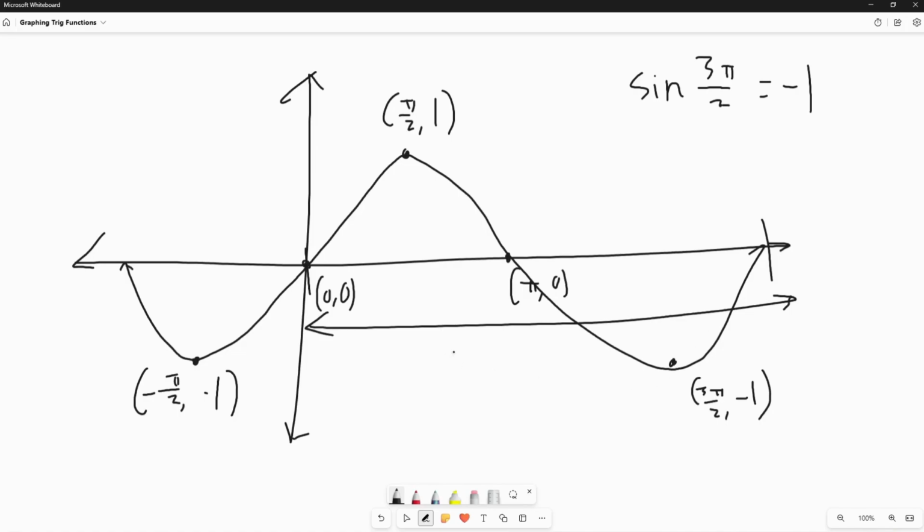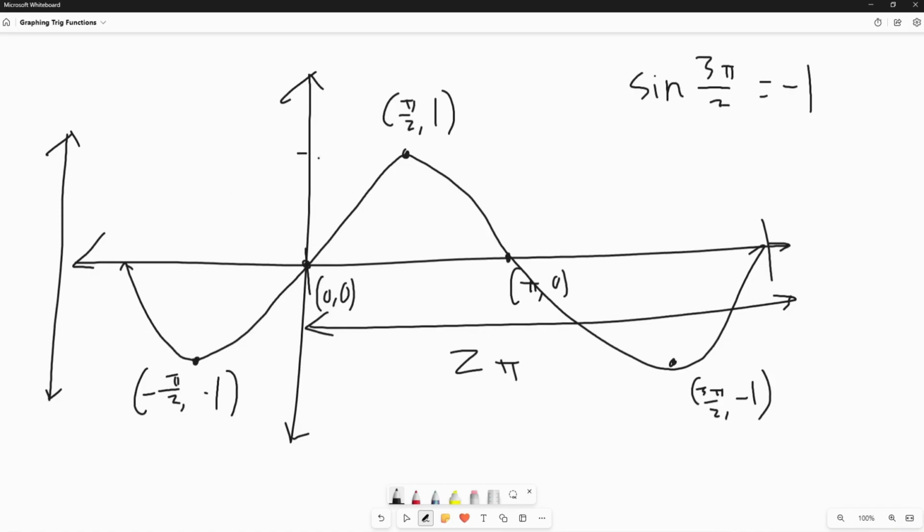And here, it is 2 pi long. So usually the period is 2 pi for a regular sine function. But if you do transformations on the function, the period can become larger or smaller. And the height of this is called the amplitude. Right now the amplitude is 1 because we haven't done any transformations.